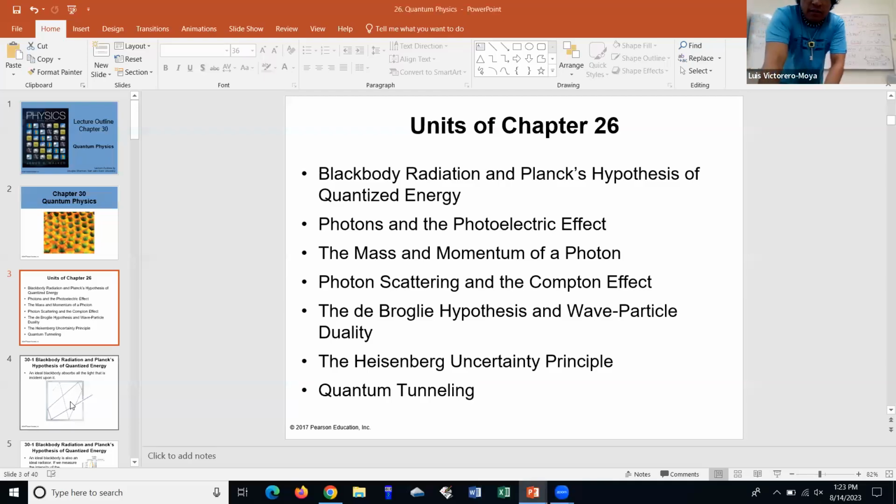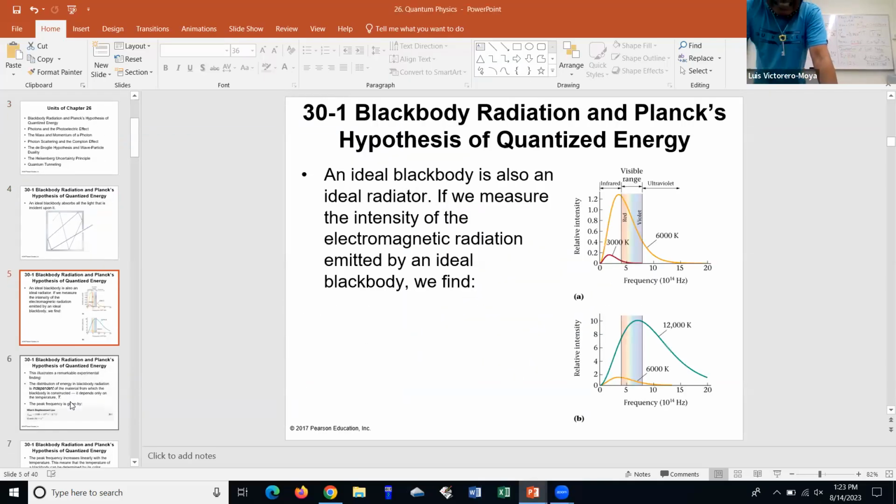So in the slides, they show you a few graphs. So what do you see in this graph? What you see in this graph of the black body curve is that as the peak temperature increases, the black body curve becomes steeper.